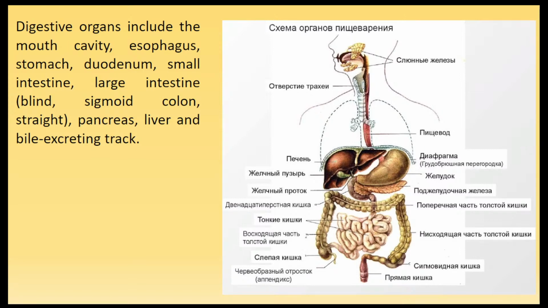Digestive organs include the mouth cavity, esophagus, stomach, duodenum, small intestine, large intestine, pancreas, liver, and bile excreting tract. So many different organs are included in the digestive system.